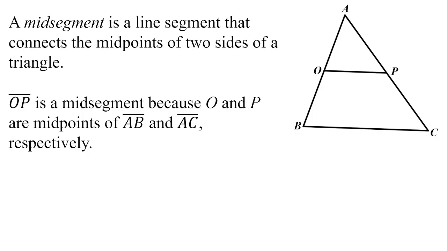Segment OP is the mid-segment because points O and P are midpoints of line segment AB and line segment AC, respectively. In other words, O bisects line segment AB and P bisects line segment AC.